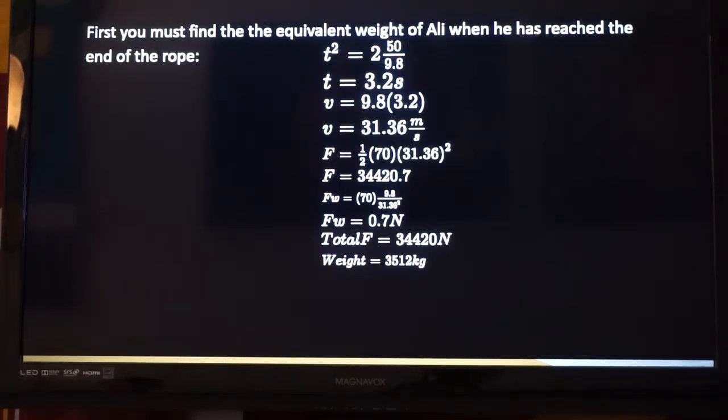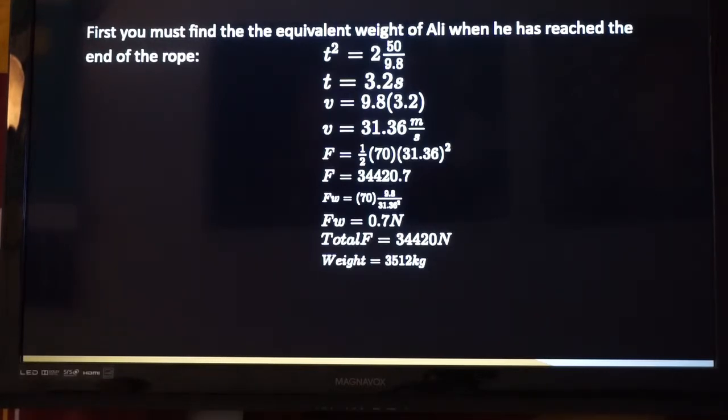Now for Ollie's 70 kilogram body, at the end of the 50 meters, he will exert a force of 34,420.7 newtons. Now, as I mentioned earlier, we factored in wind resistance. It is mostly negligible due to the high numbers in our example, but we calculated it out to be 0.7 newtons acting in the negative direction.